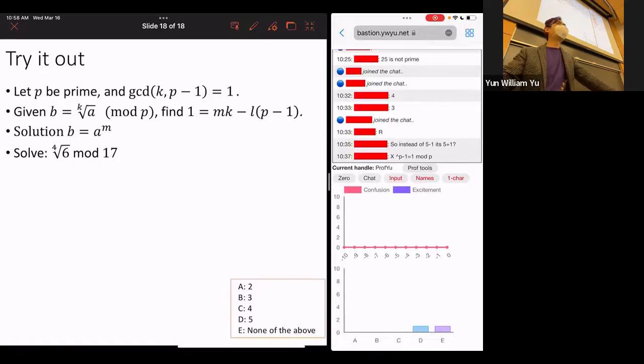How are things going? Is something going wrong?